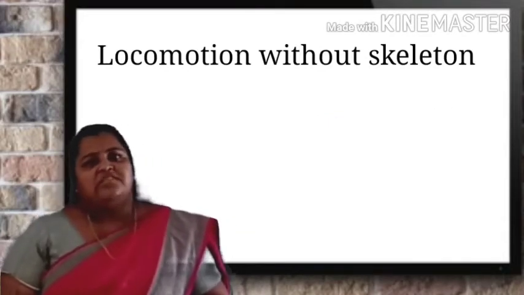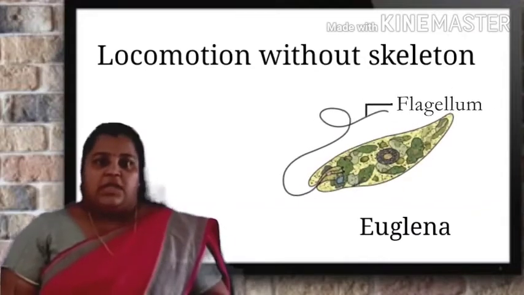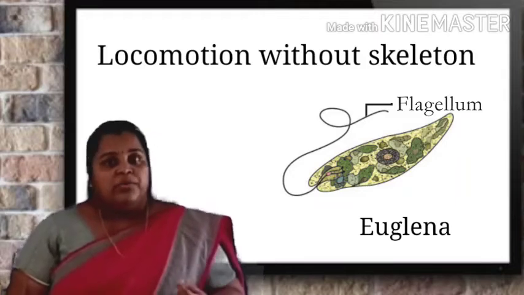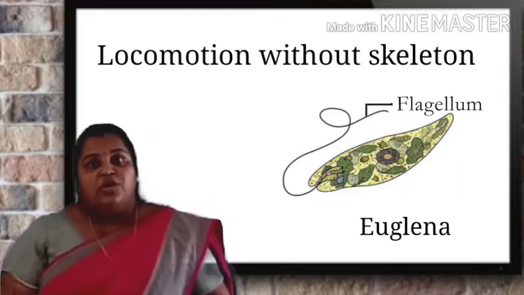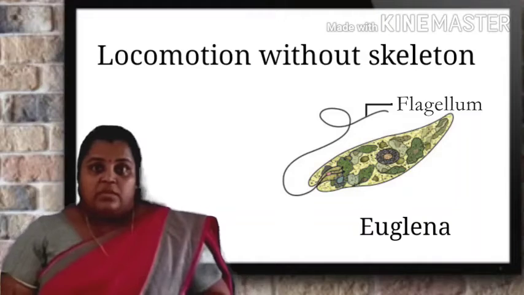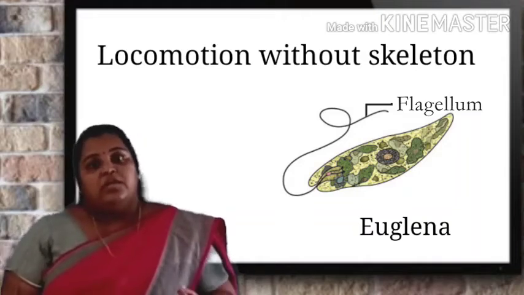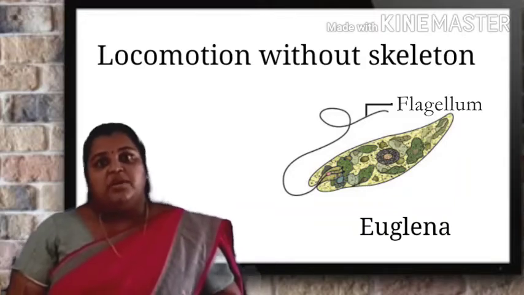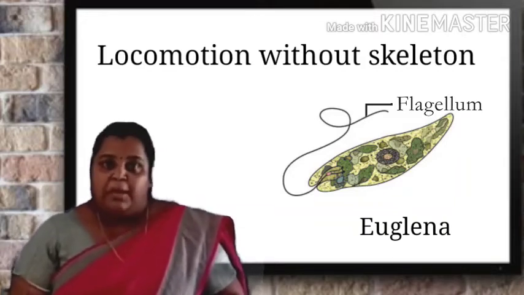The next organism is Euglena. They have a whip-like long protein filament called flagellum. Locomotory movement in Euglena is enabled with the help of flagellum.